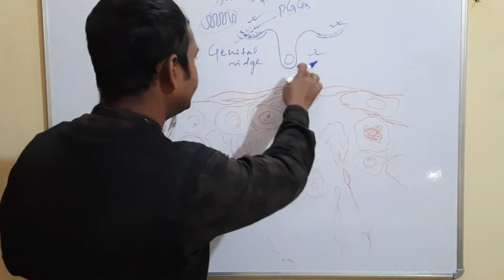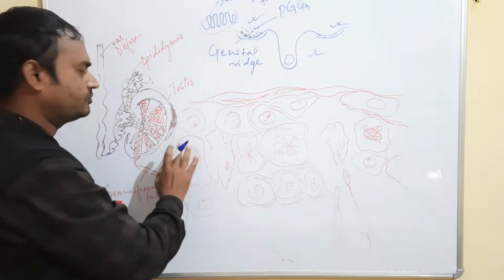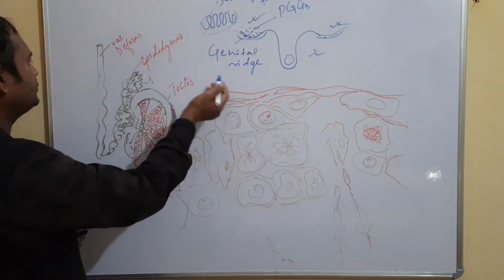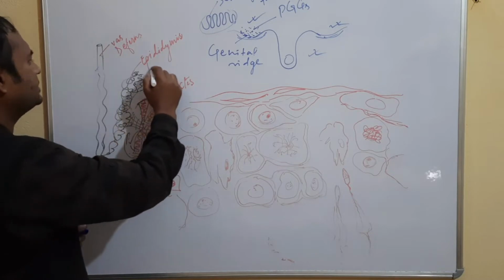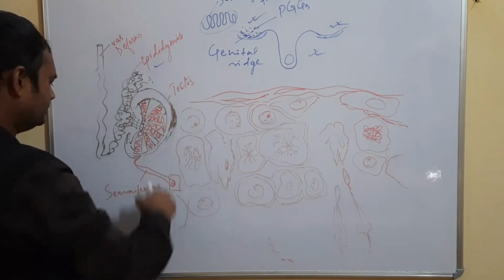Okay, so here we can understand that this is a mature testis. This is the vas deferens, this is the epididymis, and this is the testis.